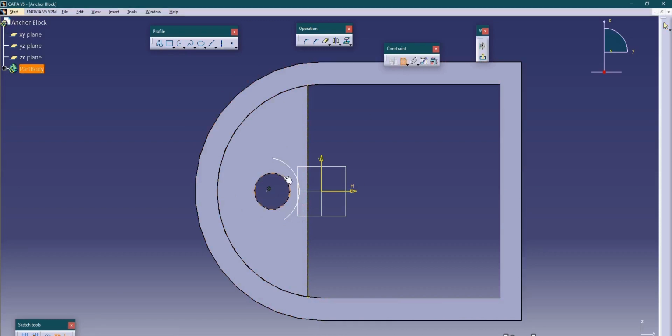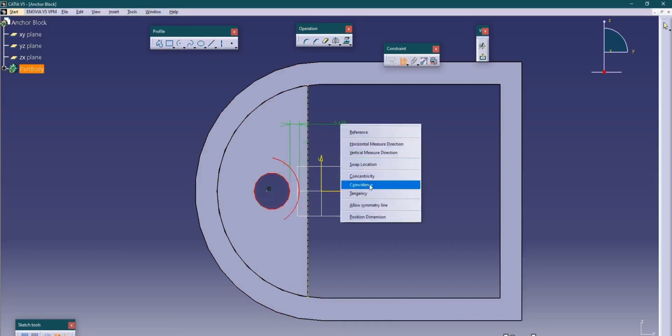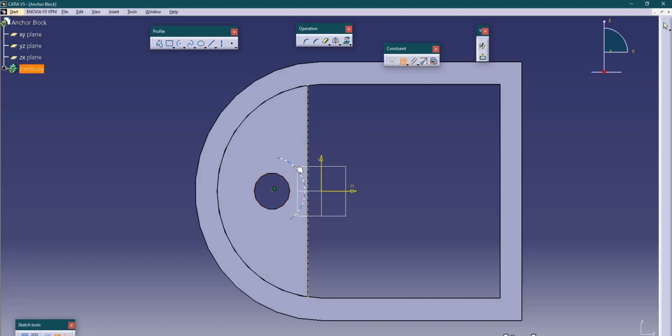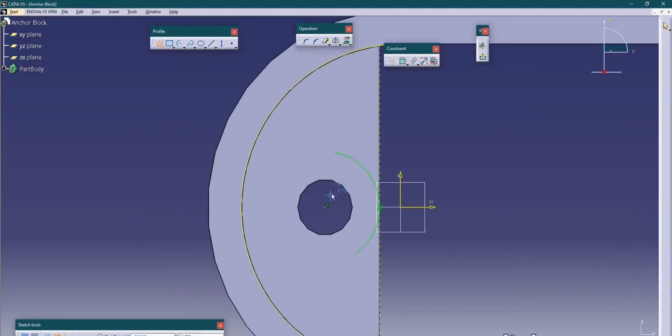Let us make it concentric and tangent to this line. Project and using profile command.